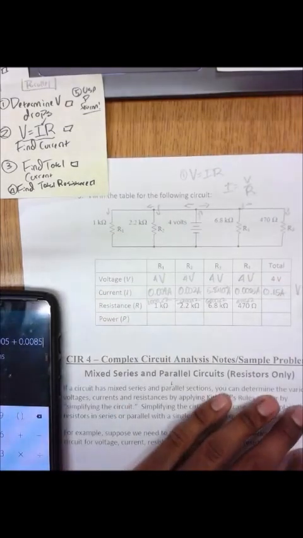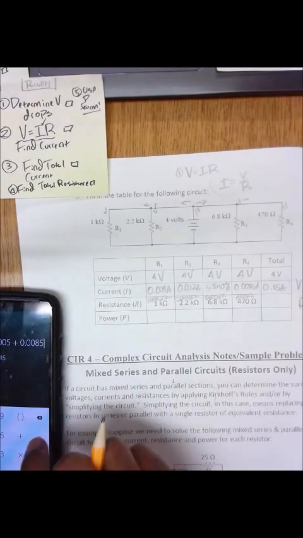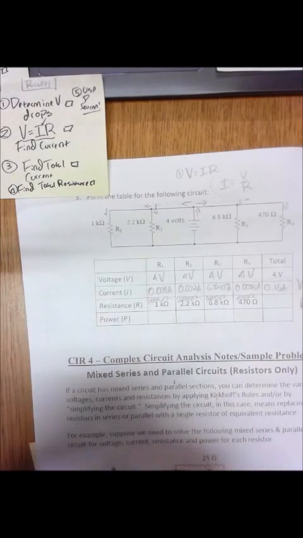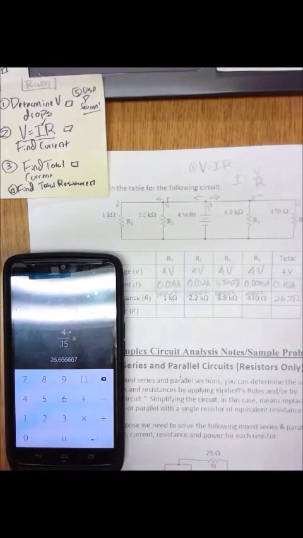Now, V is equal to IR. We can find the total resistance by dividing this total voltage drop by the total current. So 4 divided by 0.15 is going to be equal to 26.7 ohms.